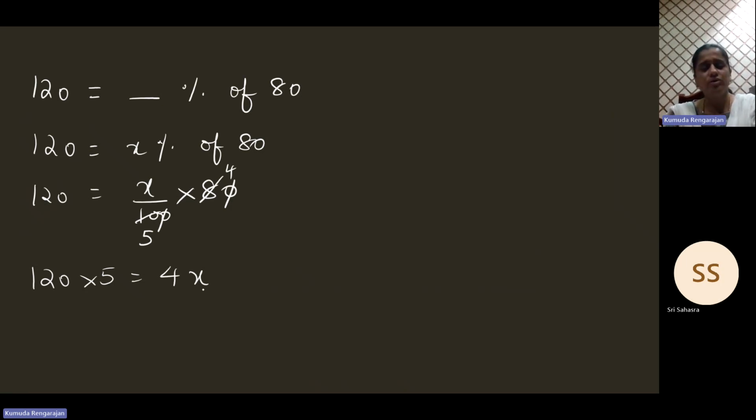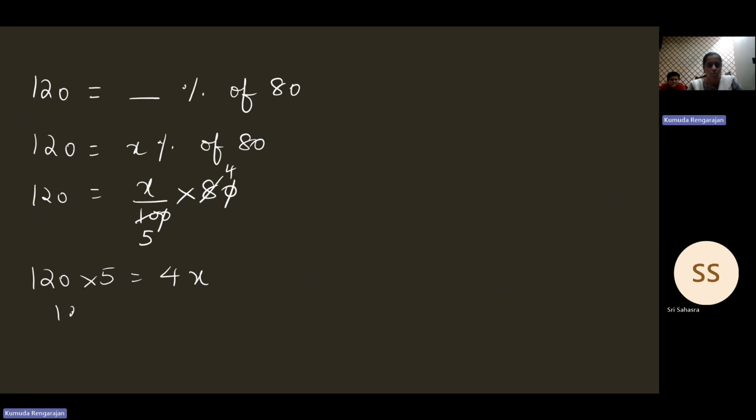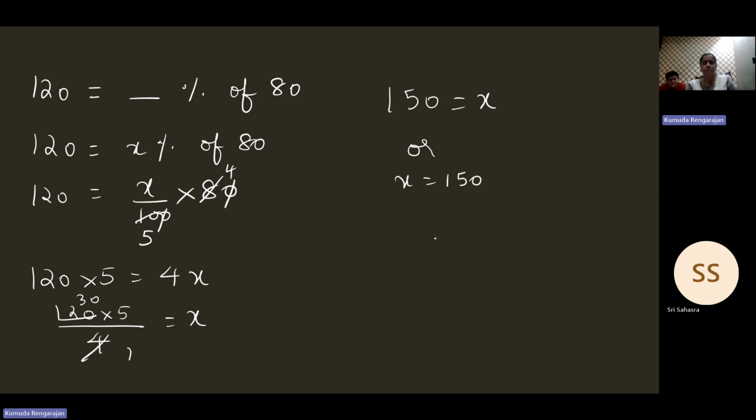You can multiply or you can just take the 4 for division. So 120 into 5 by 4 is equal to x. 4 ones are 4, 30 times. 30 into 5, 150. X is equal to 150 percent.